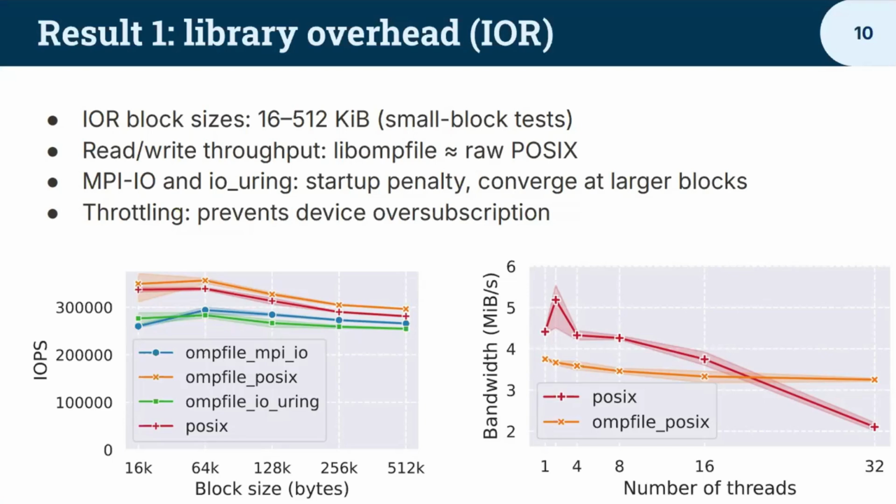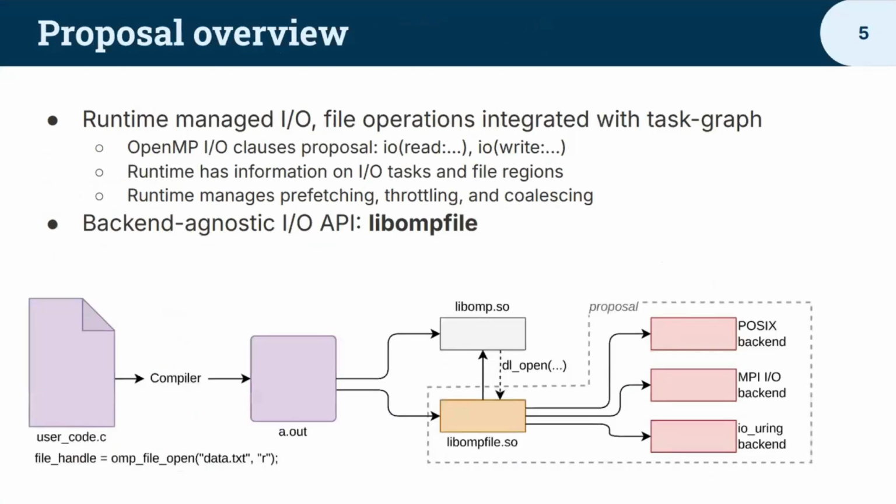Okay, thank you. I have a question. Thank you for the talk. I'm not sure I quite get this, because you mentioned earlier, why is IO ring indicating less performance than the other? Yes, just to be clear, that's IO ring as a backend for our libomp file interface, right?